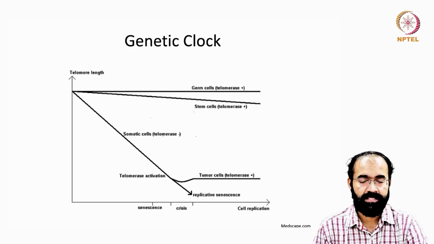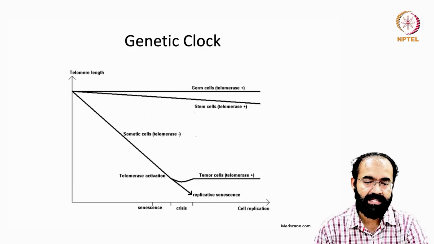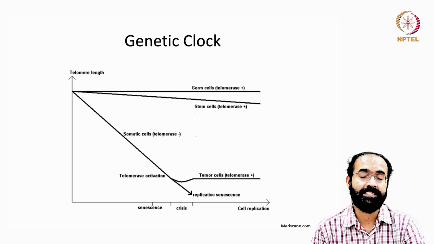So now let us understand the role of telomeres as a genetic clock. Telomere length can be of a definitive length to start with, and then you can see situations where telomerase is present.